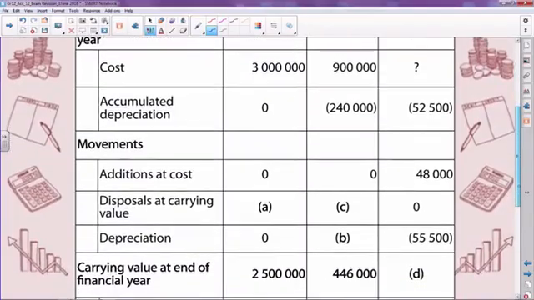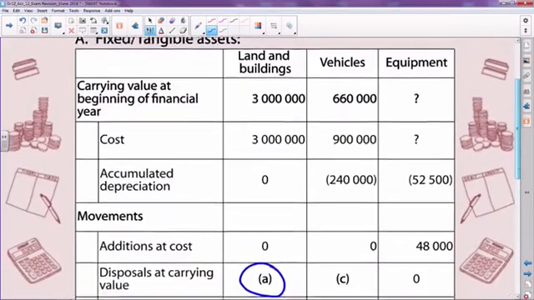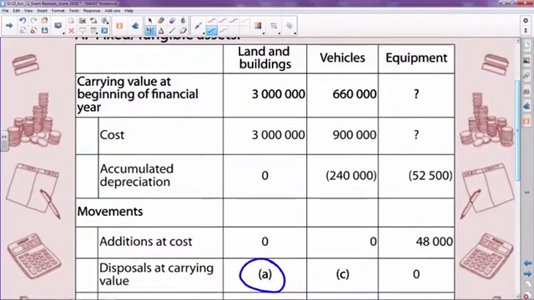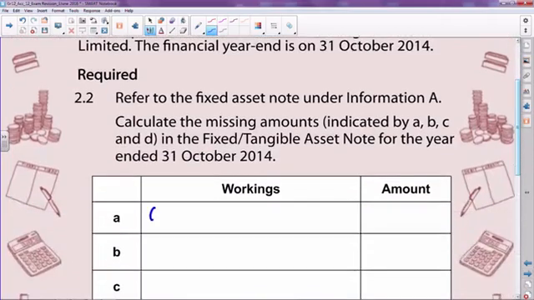Okay, we are given information now, and we have to work out what's the value of A. Let's look at it. A deals with land and buildings. Immediately we know with land and buildings, there's no depreciation. My opening balance is 3 million rand, so let's indicate that as our opening balance.